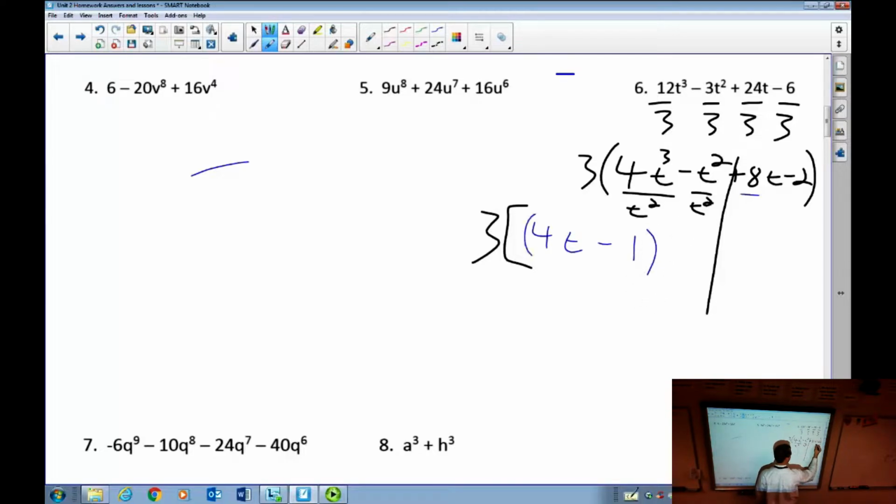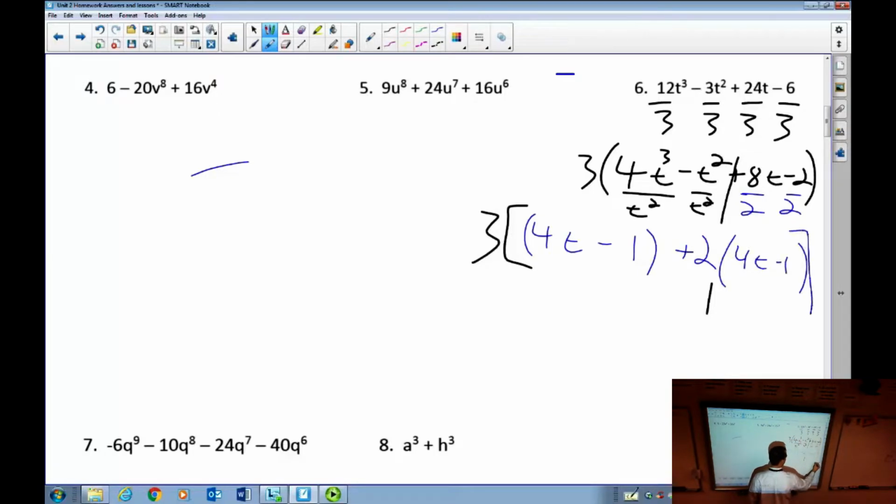And then over here, we're going to divide by 2, multiply by 2. Oops, not 4, sorry, I'm thinking of 2. Can't divide that yet. So divide by 2, multiply by 2, so we get 4t minus 1 again.